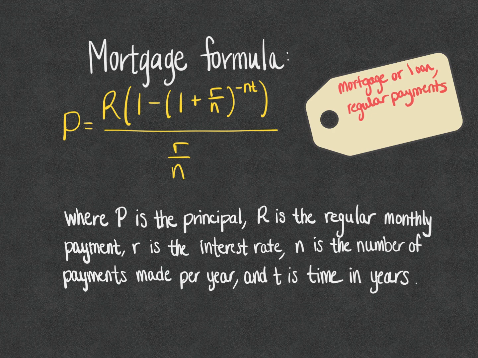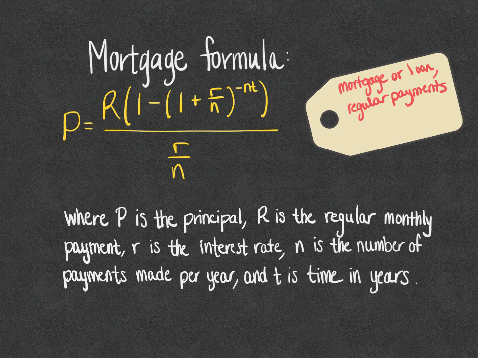Now, I don't want you to think that just because it says loan, it is a mortgage. There are such things as simple interest loans. If it does say you take out a simple interest loan, you need to use a simple interest formula. But if it just says you take out a loan for this much money, whether that's a loan for schooling or for a house, there are some car loans that also use this formula.